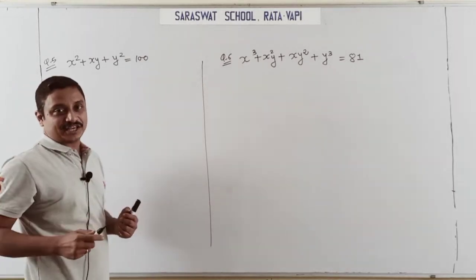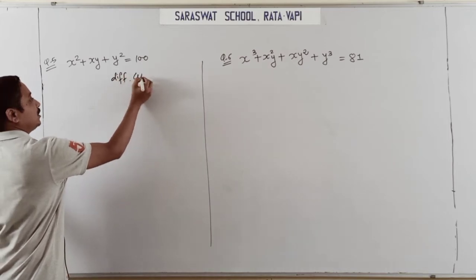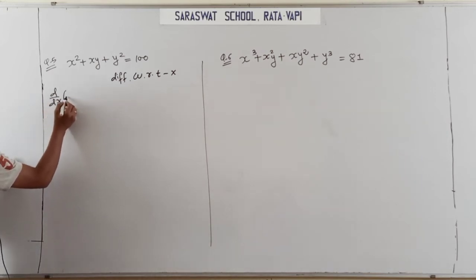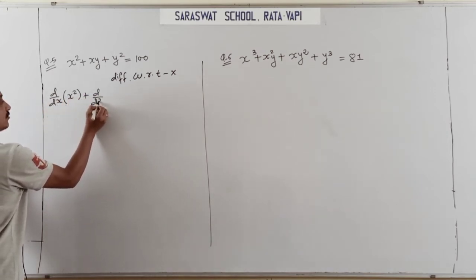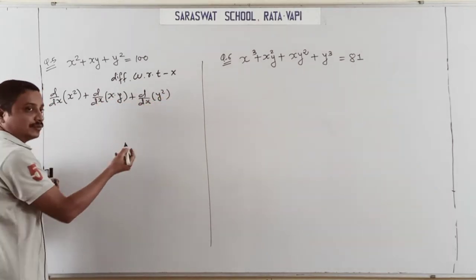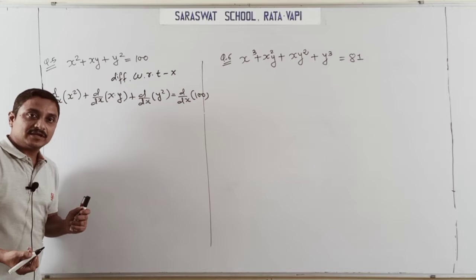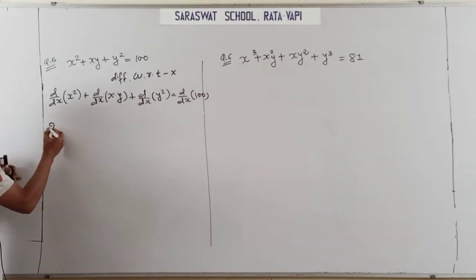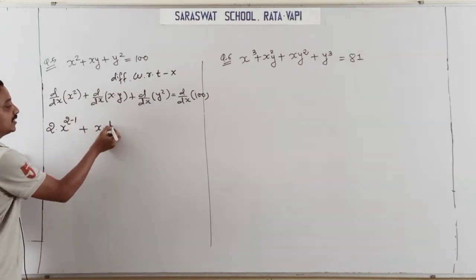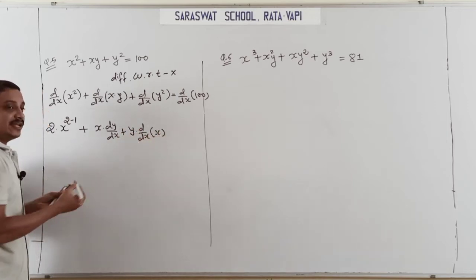Question 5 and question 6. Same as in this implicit function, differentiation with respect to x. So d/dx of x square, first term; similarly, d/dx of xy, second term; and d/dx of y square is equal to d/dx of 100. It is a constant. Now students, here x square derivative is 2x raised to 2 minus 1, and here applying the product rule: first times derivative of second plus second times derivative of first.